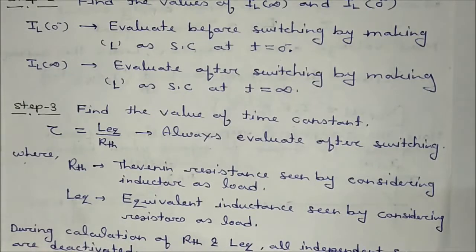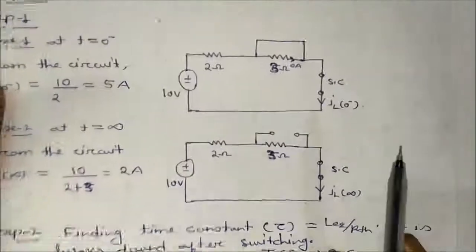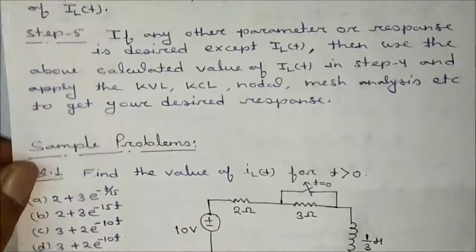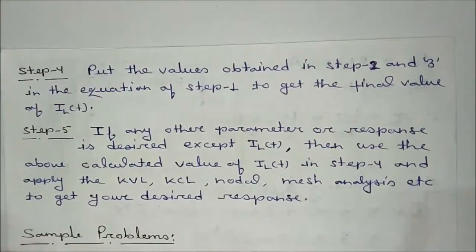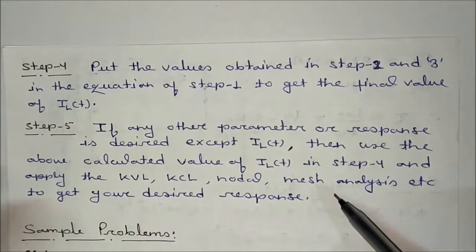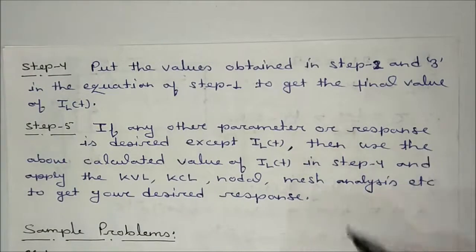So these are the 5 steps. These are step number 3, and these are steps number 4 and 5. Remember all these steps, which are exactly the same as what we discussed in case of the RC circuit.